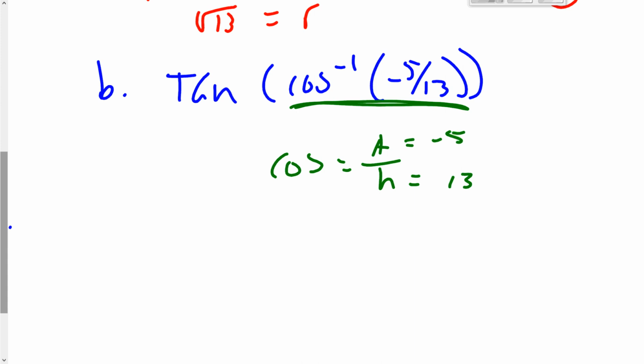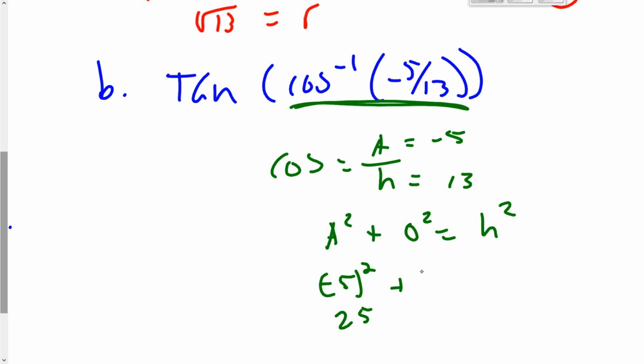Now we can use Pythagorean theorem, right? Here we would have our adjacent squared plus our opposite squared equals the hypotenuse squared. This is the same as a squared plus b squared equals c squared, or x squared plus y squared equals r squared. So I'm going to take negative 5 and square it. Remember, whenever you square a negative, you will get a positive. And then we don't know O. That's not 0, that's an O. So maybe I should do opposite.